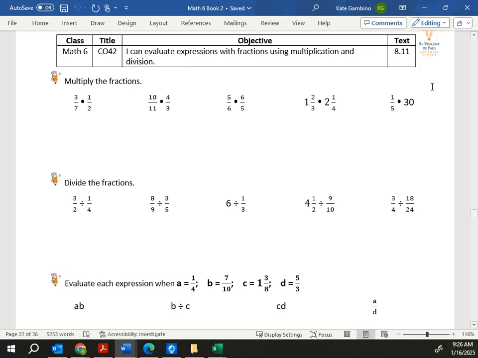I can evaluate expressions with fractions like yesterday, but this time we're using multiplication and division. So we need to review how we multiply and divide those fractions. What are the rules to multiply? Bennett. Multiply straight across, and then we do what?